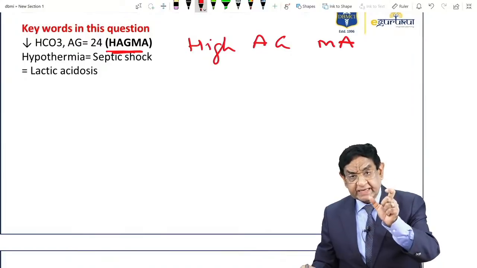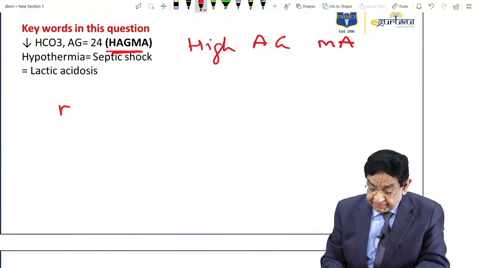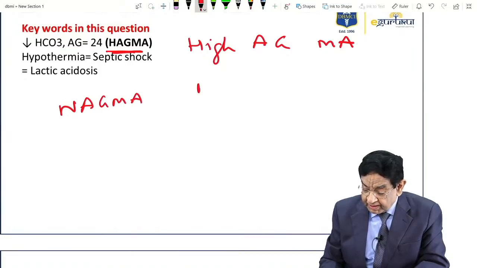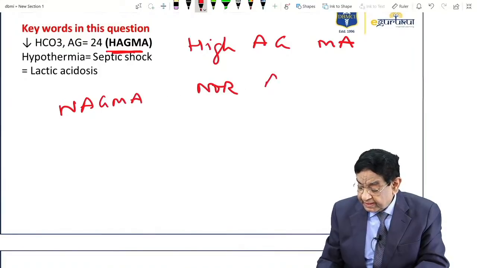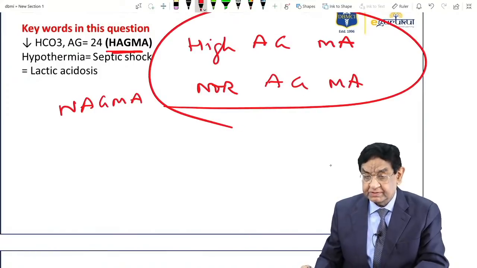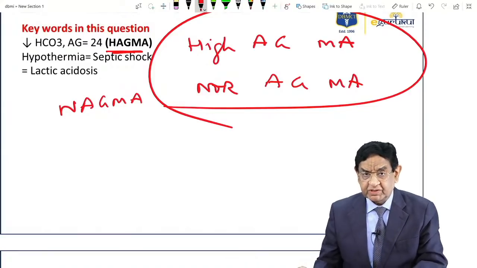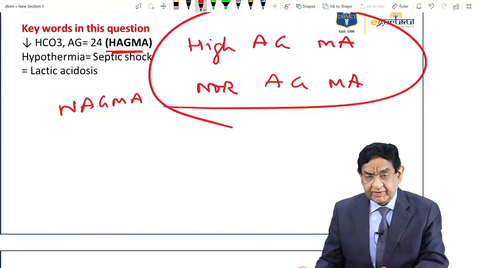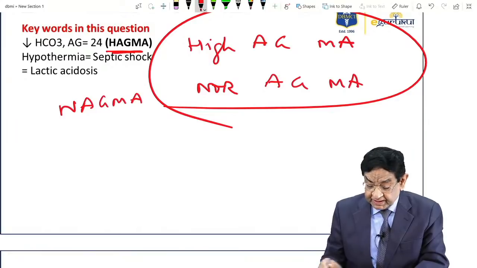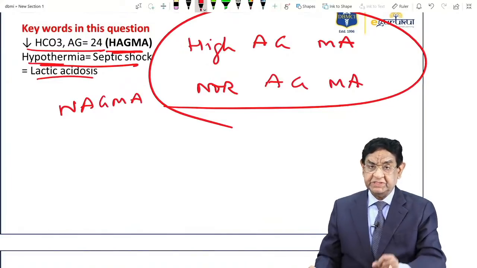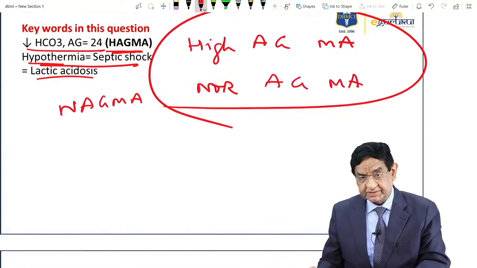When the anion gap is normal, we use the term NAGMA, normal anion gap metabolic acidosis. HAGMA and NAGMA are the two terms that we frequently use in most of the books. So in our case, HAGMA is there: decreased bicarbonate, anion gap 24, hypothermia, septic shock, lactic acidosis. That is the summary that we discussed.